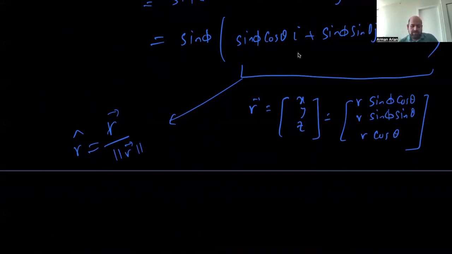So when you compare these two, sine phi cos theta i, sine phi sine theta j, and cos phi k, it exactly matches the vector r but without the extra factor r. So that means this is vector r divided by its magnitude, which is the same as the unit vector r hat.